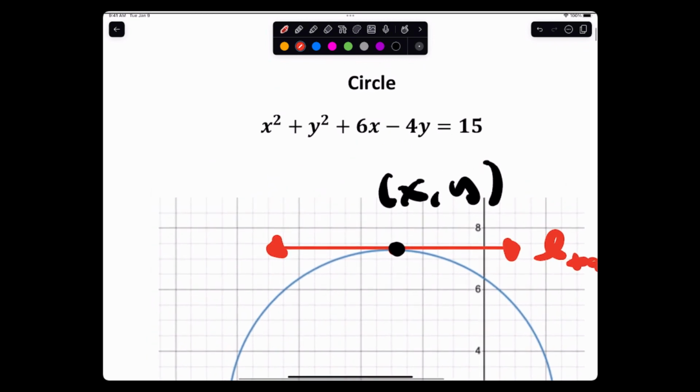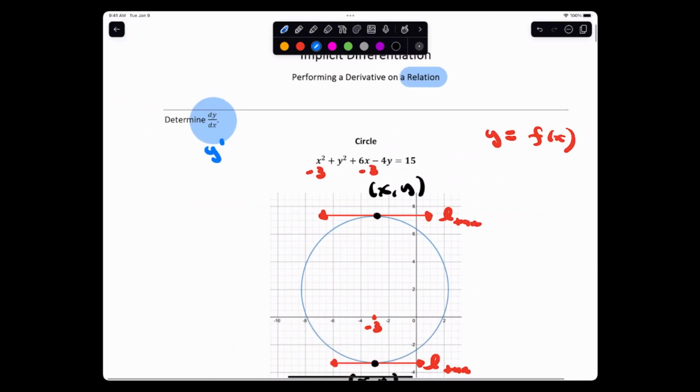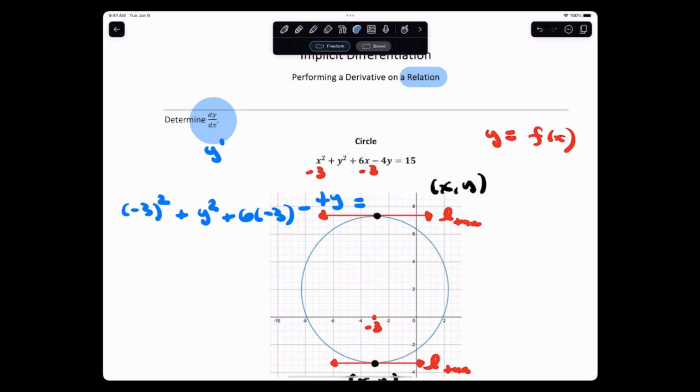This is the original curve. Negative 3 for your x. So that gives you negative 3 squared for x plus y squared plus 6 times negative 3 minus 4y. And what does that equal? That equals 15.